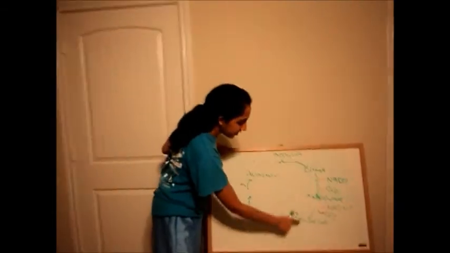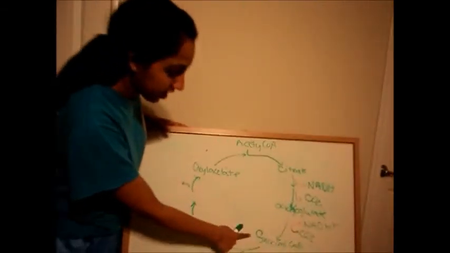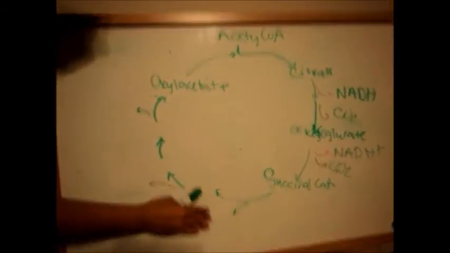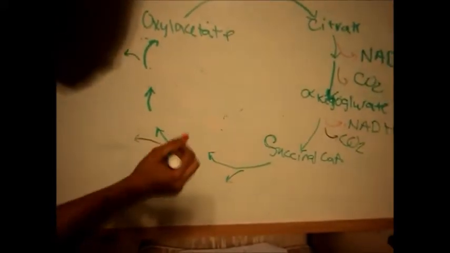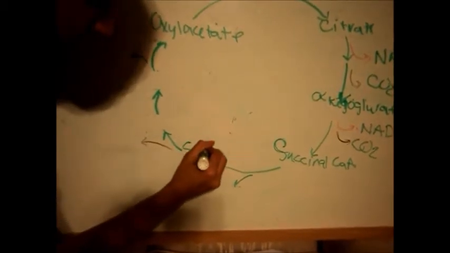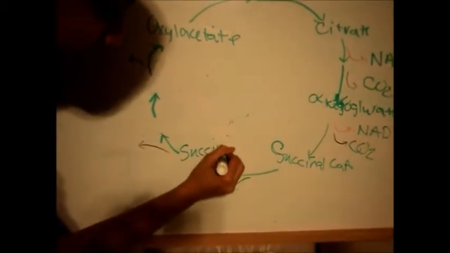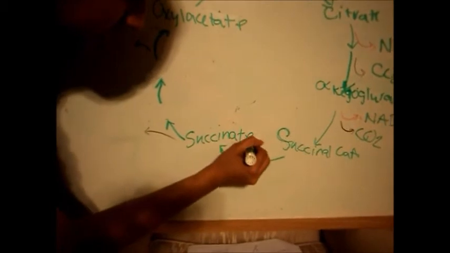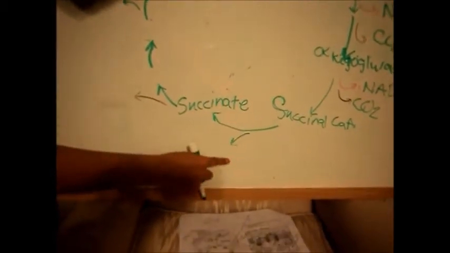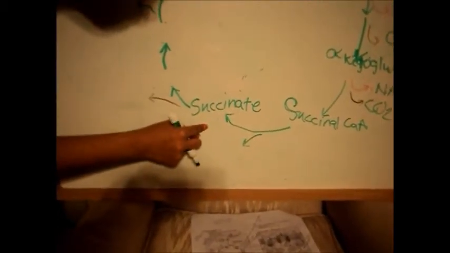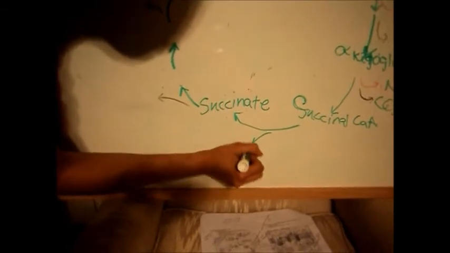As before, the succinyl-CoA was created, and then in the process the coenzyme A is removed to make succinate. And in this process, there is enough energy created that ATP is released in this pathway.